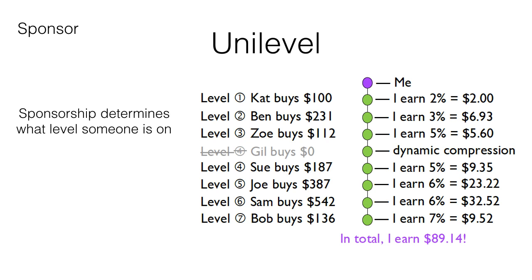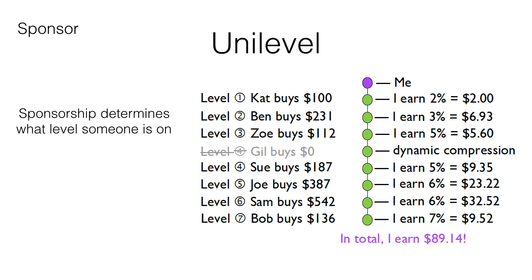If someone down there skips an order and doesn't order that month, don't worry, we skip them. It's called dynamic compression. So if you are qualified to receive 7 levels of payment under Unilevel, you'll receive that 7 levels as long as there are people 7 levels deep. All right, so that's Unilevel, and that's how that's paid, based on sponsorship.